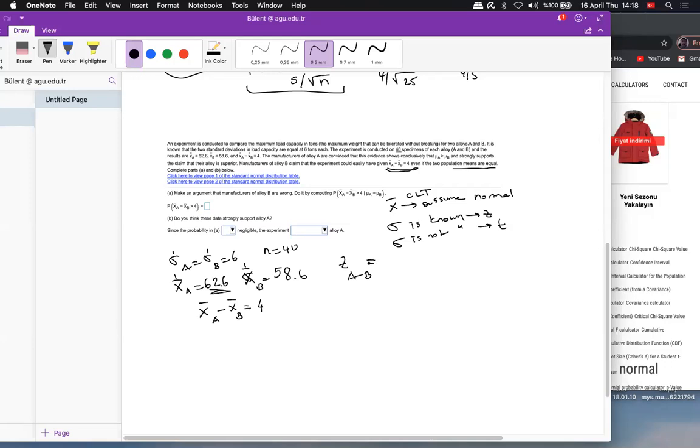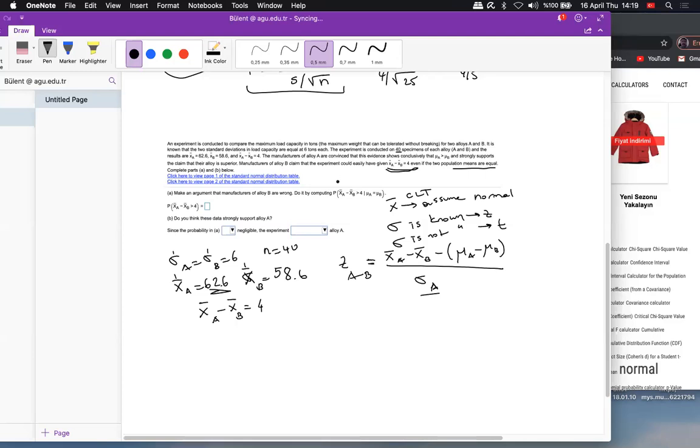I will be applying Z here, but this time what will I do? (XA minus XB) minus (mu A minus mu B), divided by the square root of sigma A squared over n plus sigma B squared over n.